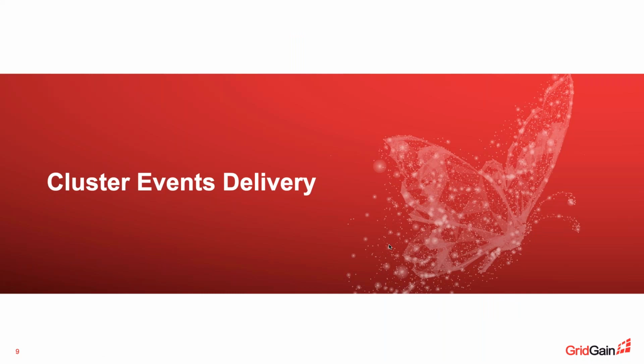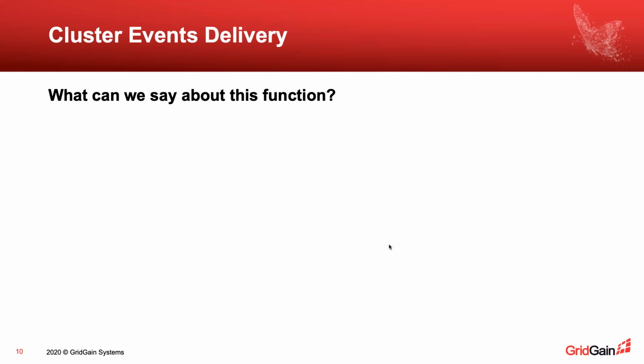So let's look at our next networking function, which is cluster events delivery. And what can we say about cluster events delivery? We have already said that cluster events delivery and controlling messages delivery is something that delivers messages across the cluster which are not actual data messages.